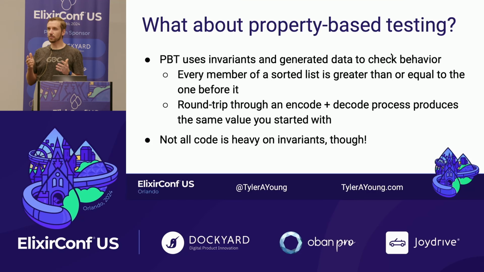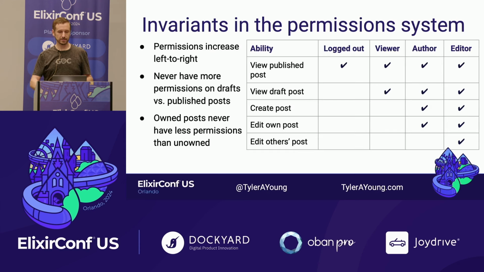That doesn't necessarily apply to the permission system. Similarly, encoding and decoding should produce the thing you started with. That's another property, but not all code is heavy on invariants. We can find some in the permission system, right? You can squint at the table and come up with a few invariants that it currently maintains. They might not be maintained forever, that's okay. Such as permissions increase from left to right. So a logged in viewer should have more permissions than a logged out visitor.